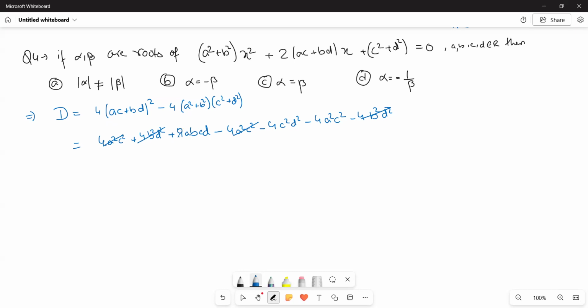Okay, this will become 8, 4 twos are 8. Next, we take 4 common from the remaining expression, minus 4.